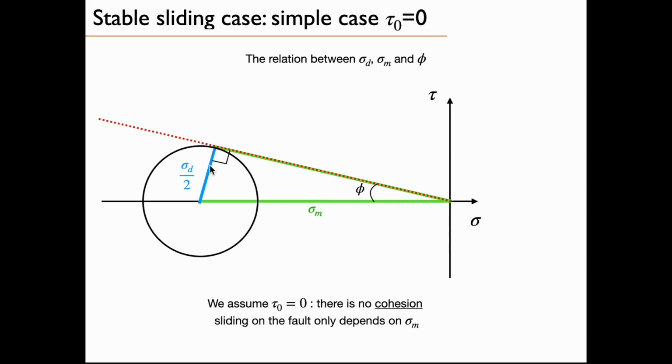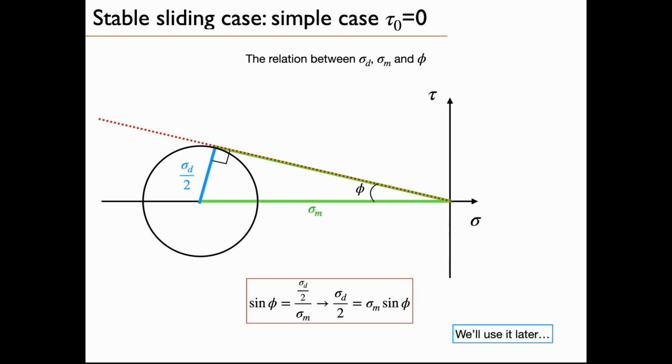The face opposed to this angle is the radius of the circle, so differential stress divided by 2. And this edge has a length of sigma m. That's the position or the shift of the circle center. So if we assume tau 0 equals 0, there is no cohesion. The sliding on the fault only depends on sigma m.